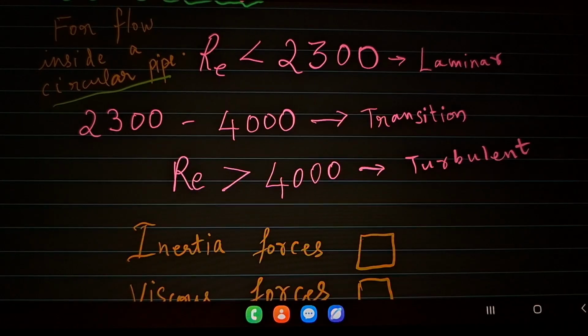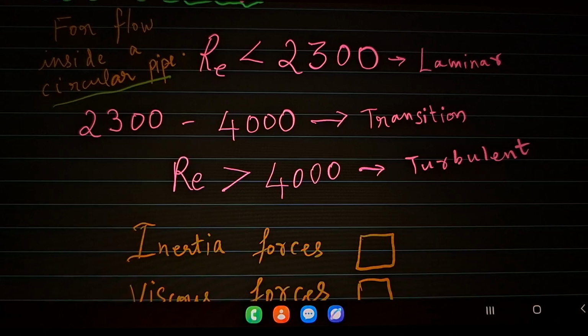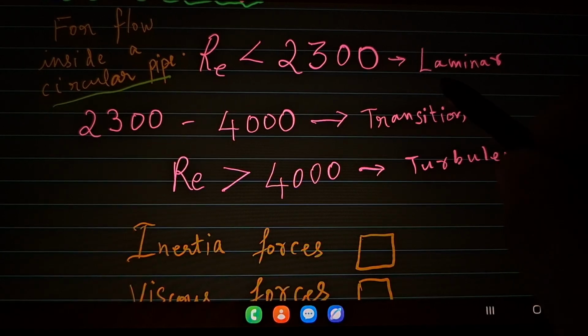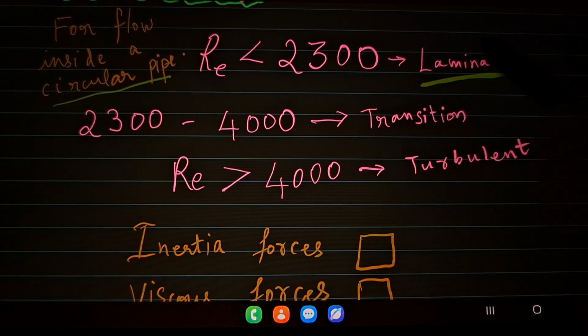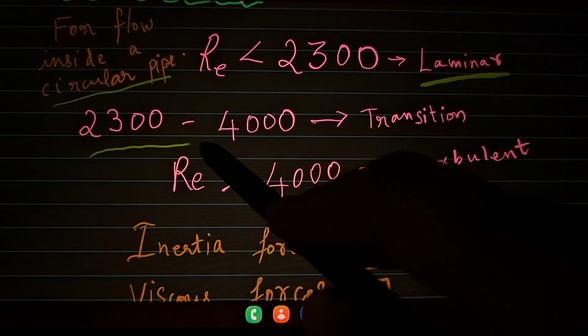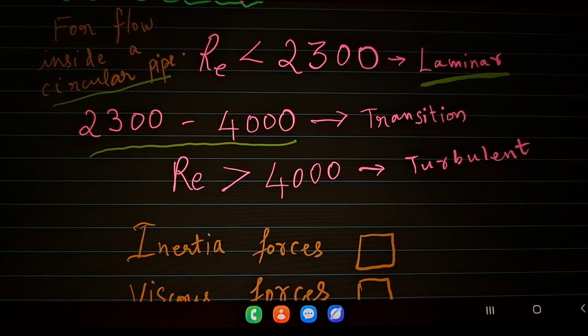Inside a circular pipe, Reynolds number, if it is less than 2300, the flow can be classified as laminar flow or a smooth flow. And if the Reynolds number is in between 2300 to 4000, then it is transition.